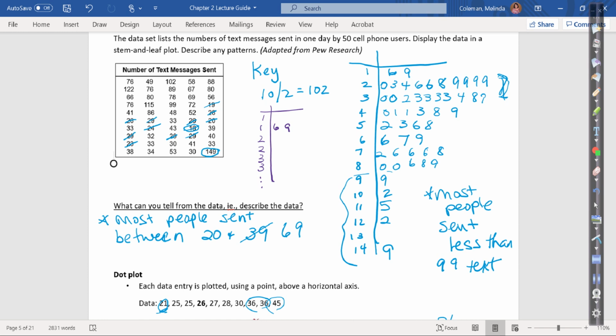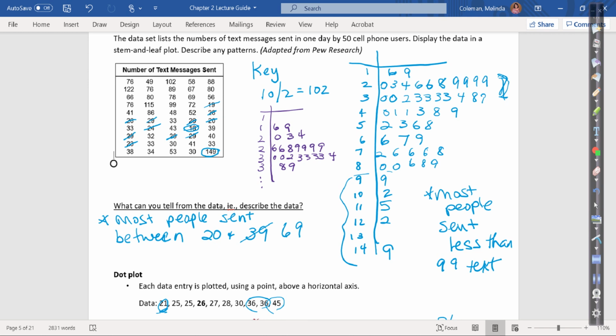So then we would have 20, 23, 24. Then I could put the 26, 26, 28, 29, 29, 29, 29 into a separate column. Similarly, for the 30s, we could do 30, 30, 32, 33, 33, 33, 33, 34, then jump down to the next one and do 38 and 39.